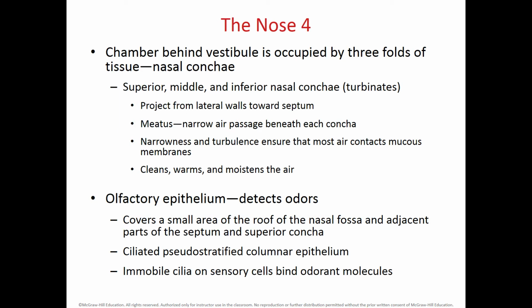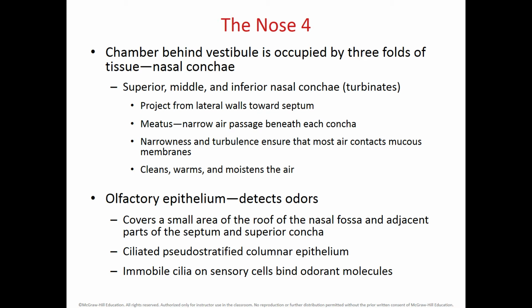Above the vestibule and laterally, we have the nasal conchae, which are folds of tissue that help to bring more air into the roof of the nose, and they are projecting laterally on the nasal fossae.